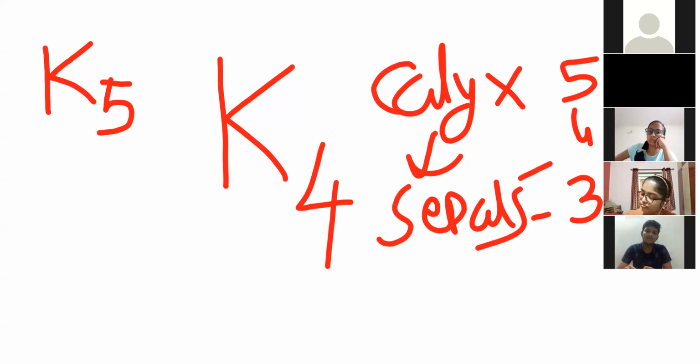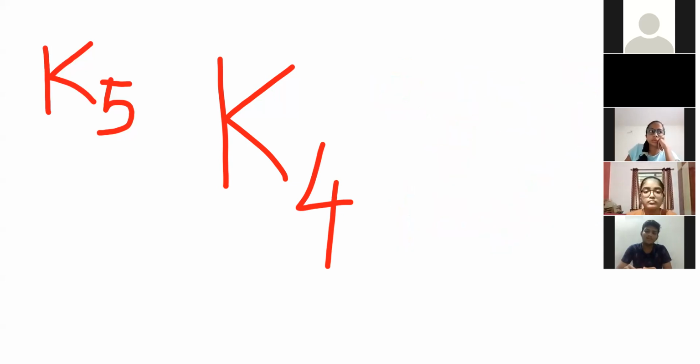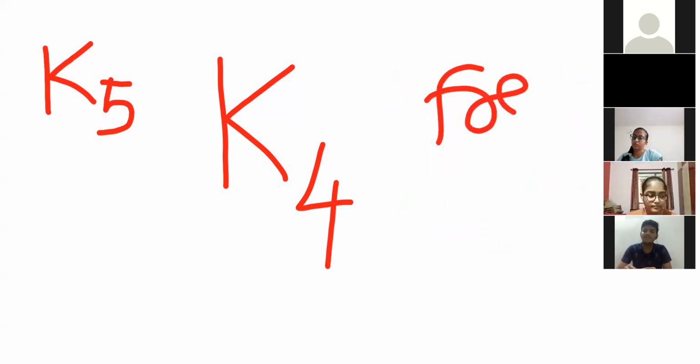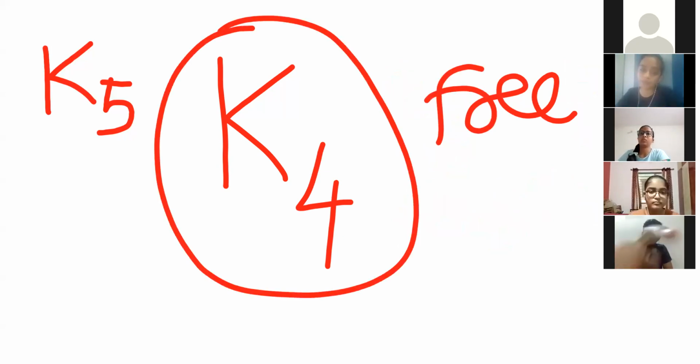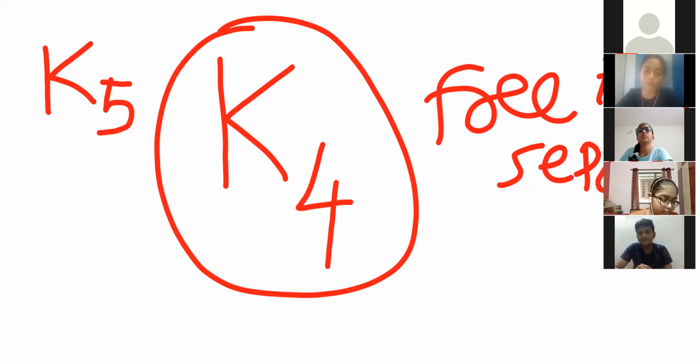Now, one more thing we can represent over here. We know in some of the flowers sepals are free, in some of them sepals are fused. So if sepals are free, suppose 4 sepals, ये condition को represent करना है in formula form, you simply write K4.